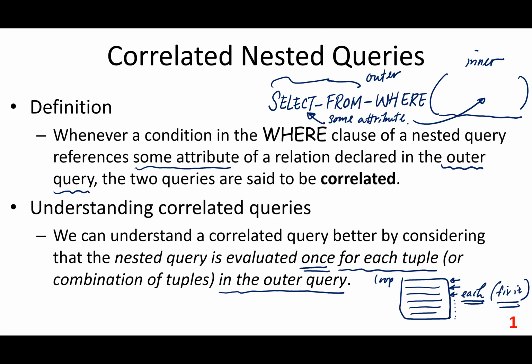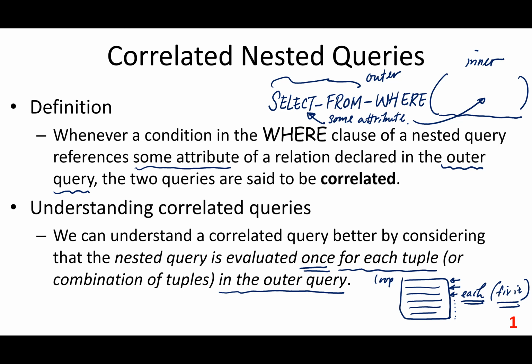Let me read this long sentence again. We can understand a correlated query better by considering that the nested query is evaluated once for each tuple in the outer query.